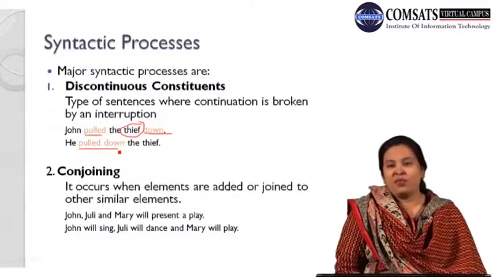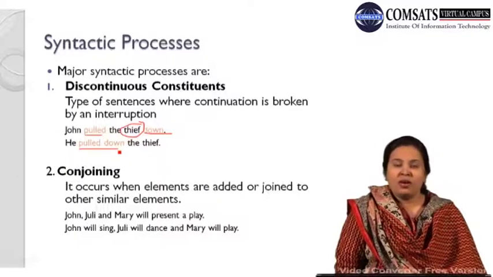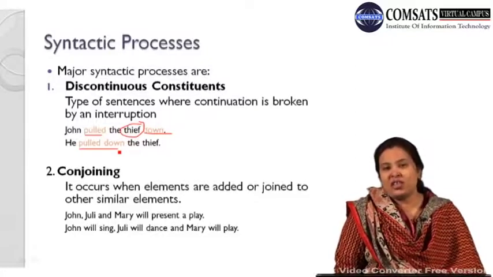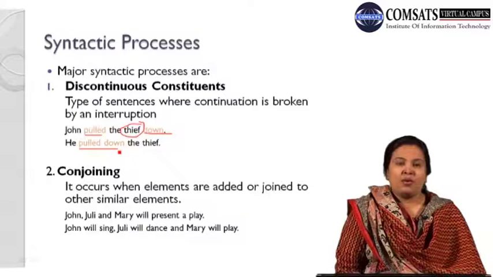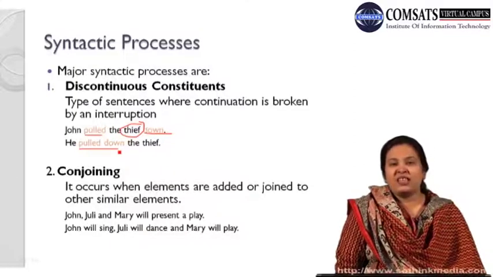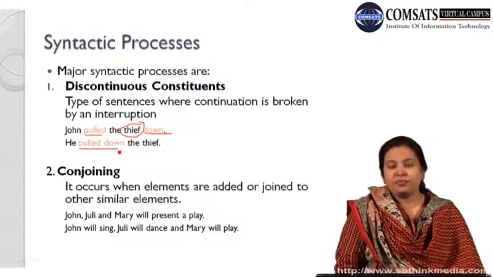Again, the one phrasal verb is switch on, but I am breaking it up: he switched the light on. So this way discontinuous constituents is one of the processes with respect to syntactic elements.